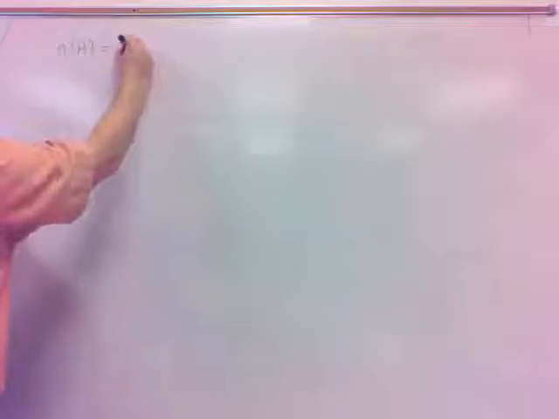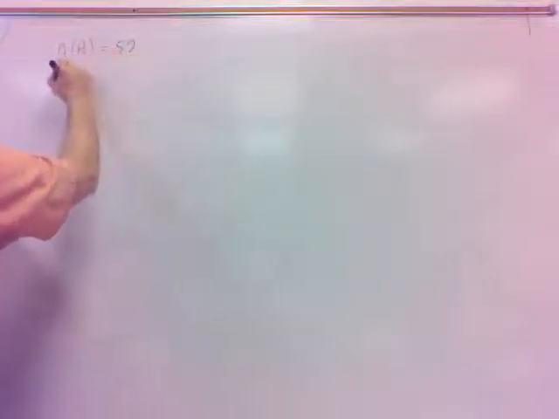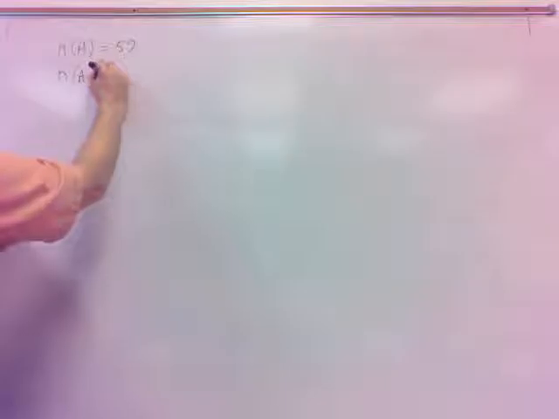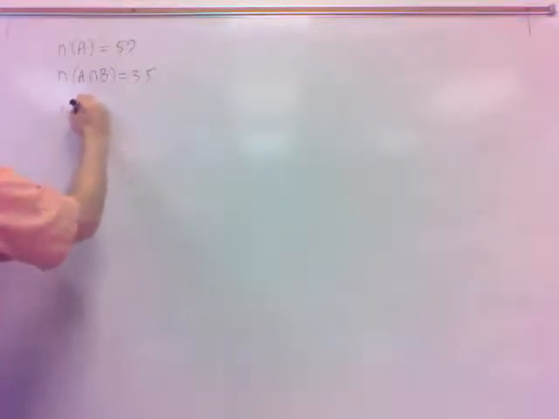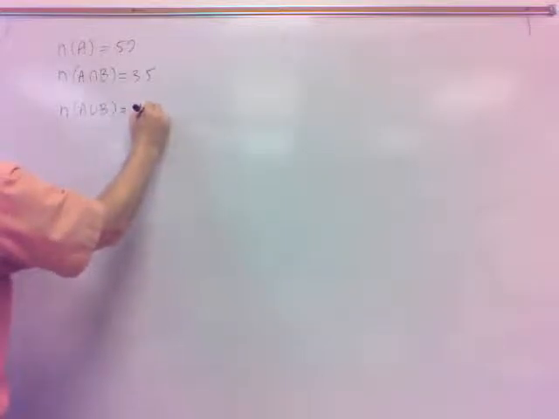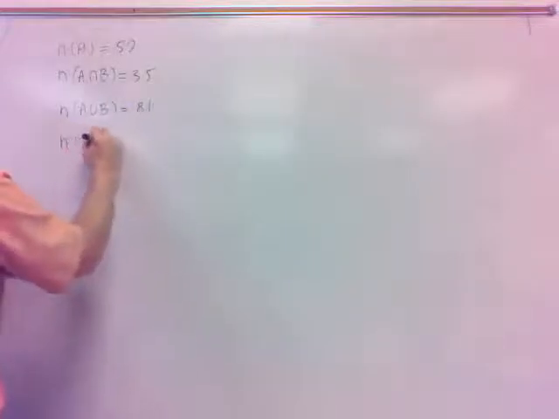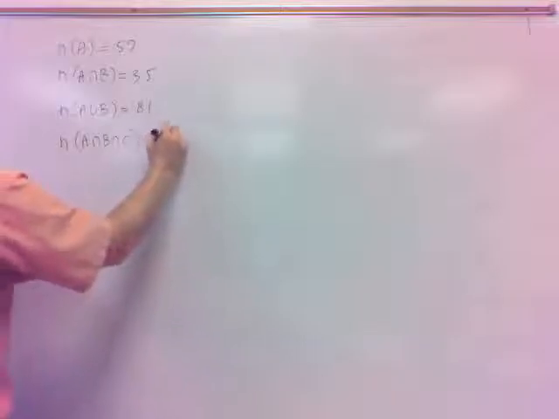So. All right. Let's say I know the number in A is 57. The number in A intersection B is 35. The number in A union B is 81. The number in A intersection B intersection C, added a C there.